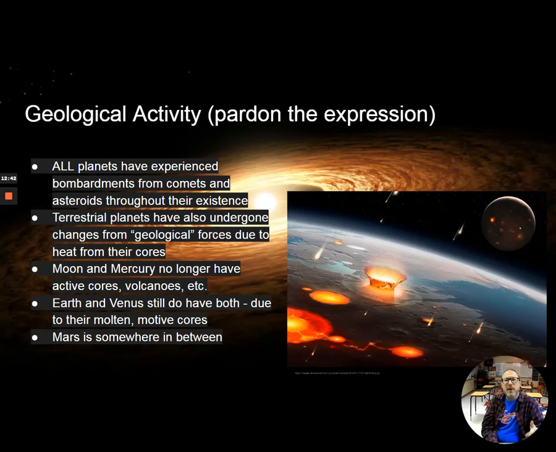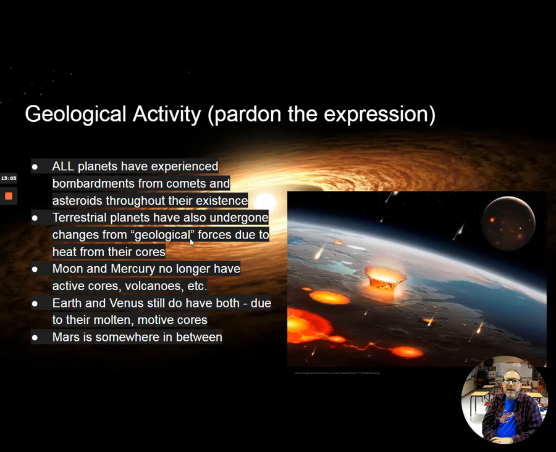We also have evidence on at least the Earth and Mars that there have been events like erosion, weathering, and active geological activity like volcanoes and magma flows.